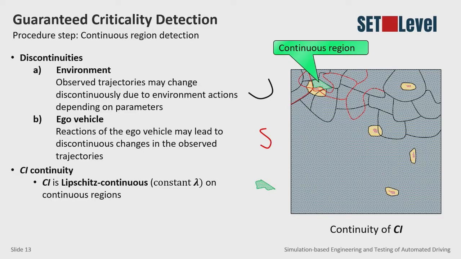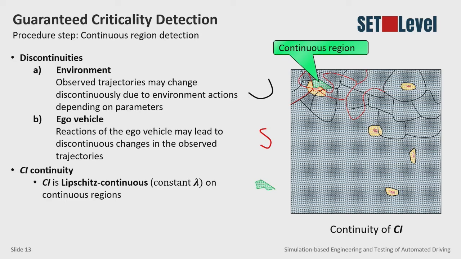And you see in our two-dimensional parameter space, I've drawn some black lines indicating where other traffic participants cause a discontinuity, and red lines where our ego vehicle does something which changes abruptly the trajectory observed. So, how to cope with these discontinuities we cannot get rid of?